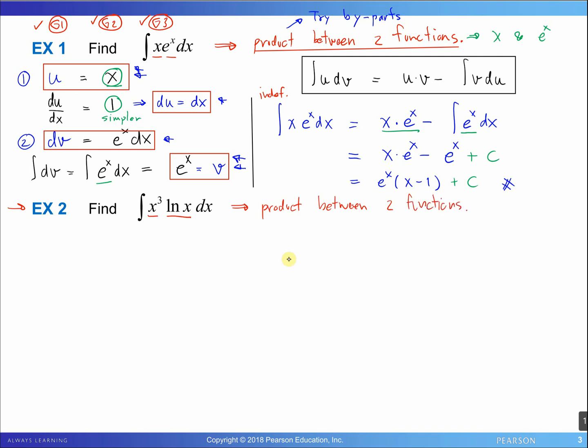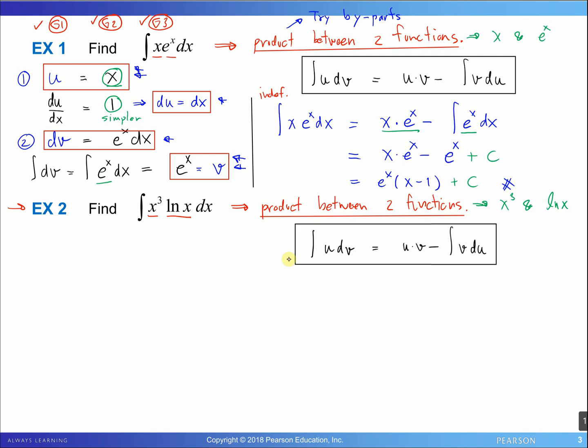In this case, they are x cubed and ln x. When you see this, you know it's a good candidate for integration by parts. So let's try that. Same formula: integral of u dv equal to u times v minus integral of v du.